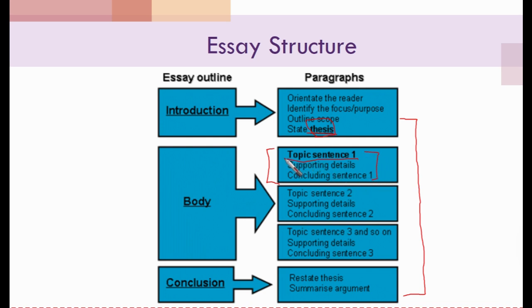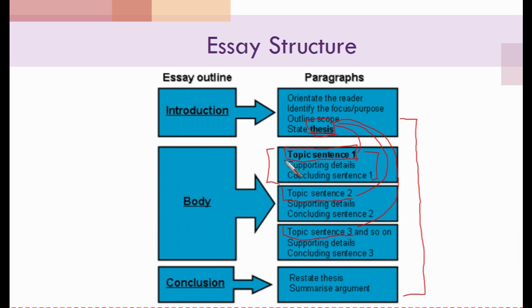In other words, the topic sentence is the main argument or main sentence of each body paragraph. Topic sentences number 1, 2, and 3 have to be related to each other because they are all separately related to the thesis statement. So in other words, the thesis statement embraces, or includes, all these topic sentences in an essay.